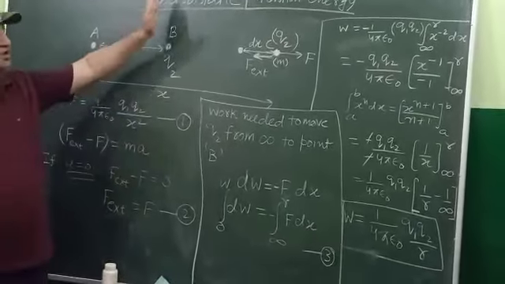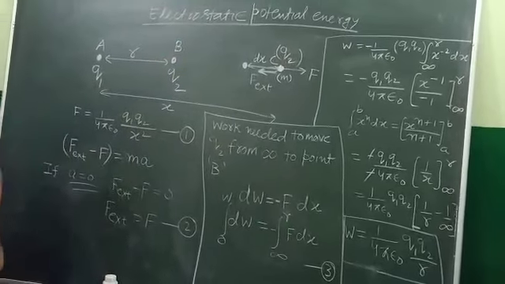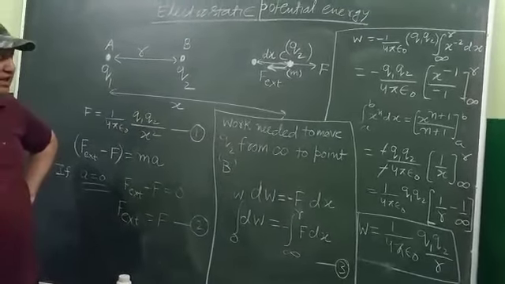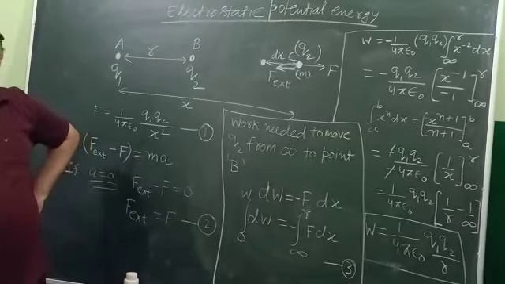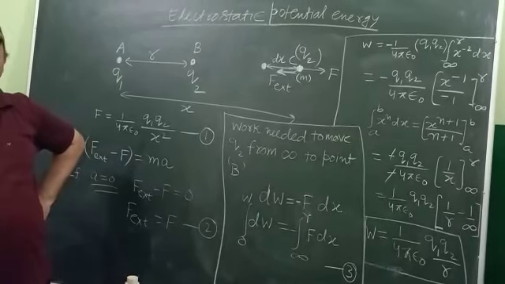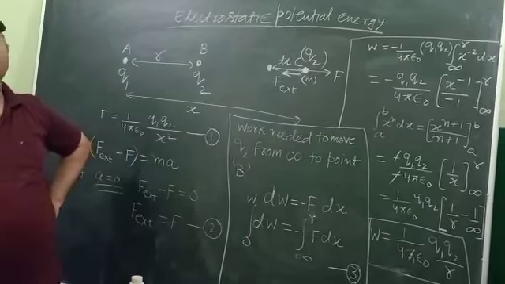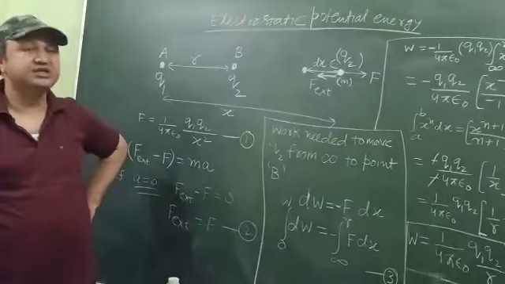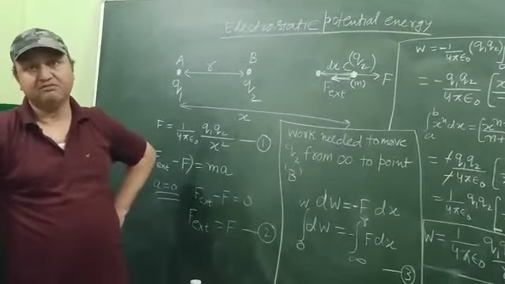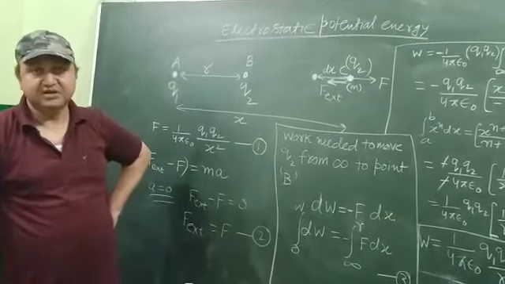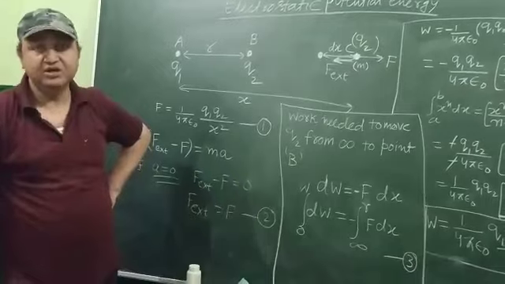So if I ask you to define this term electrostatic potential energy, then you can simply say it is the amount of work required to move a charge from infinity towards another charge without any acceleration. This term is important, without any acceleration.